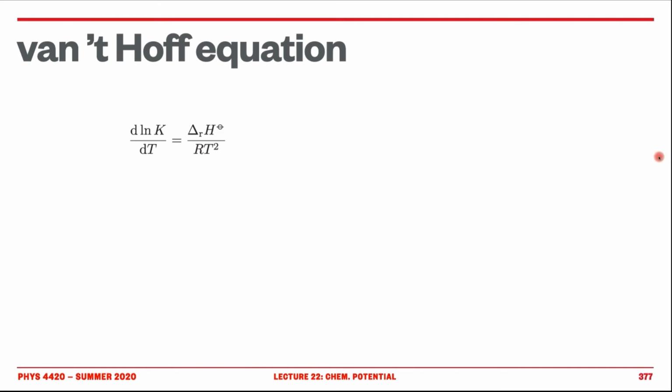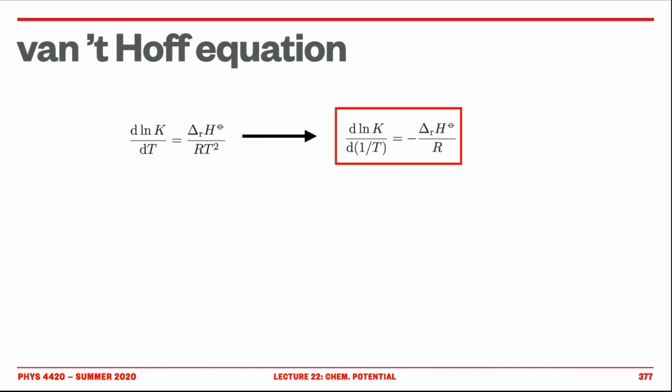Okay, one more thing that we need to do is to look at the Van 't Hoff equation. So this is the equation we found on the previous slide. And remember, we needed to use the Helmholtz-Gibbs equation to find the derivative of delta G over T. That's how we did the connection. Now, we can make a small change here. And instead of doing the derivative of ln K with respect to T, we can actually calculate the derivative of ln of K with respect to 1 over T. This is just a mathematical manipulation.